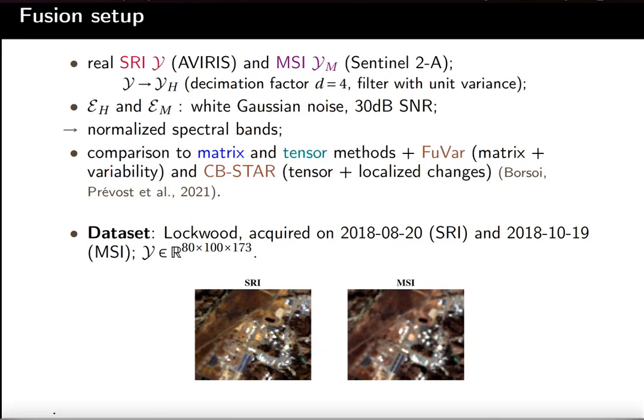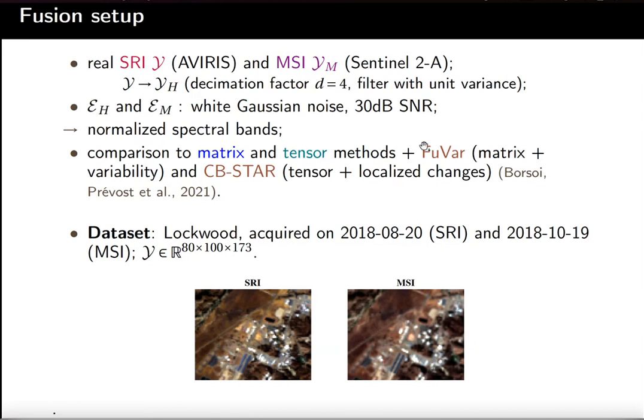And in the following slides, I will compare my algorithms to state-of-the-art approaches. Some of them are matrix-based and some of them are tensor-based. And in particular, the tensor-based methods do not account for variability at all. I will also consider two outliers, if I can say it like this.